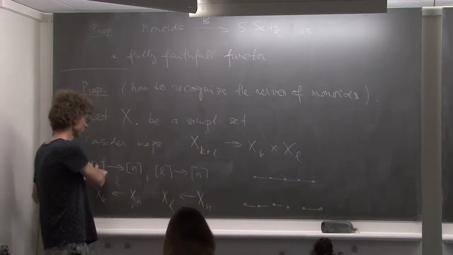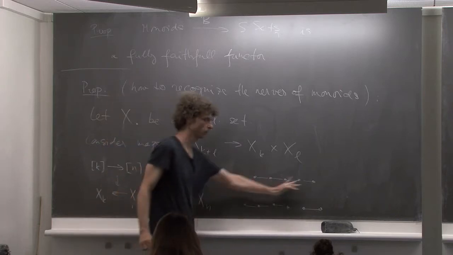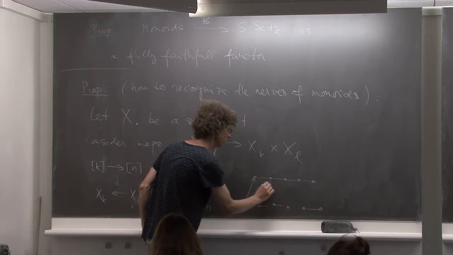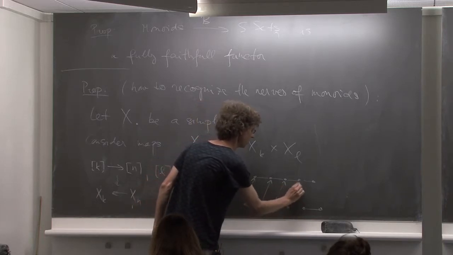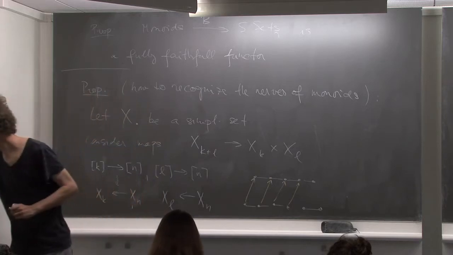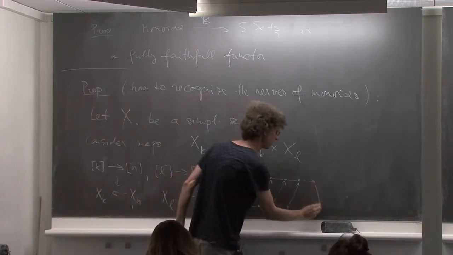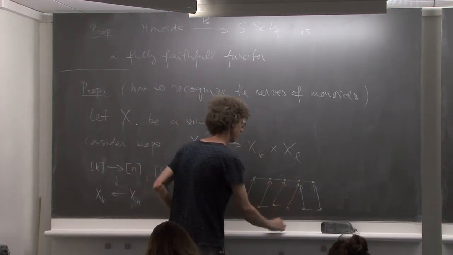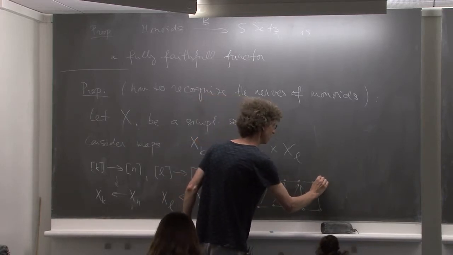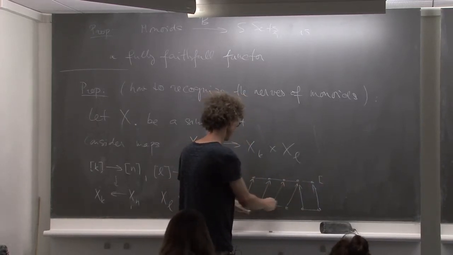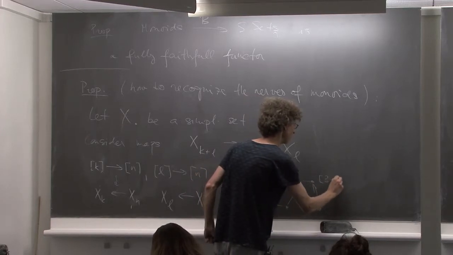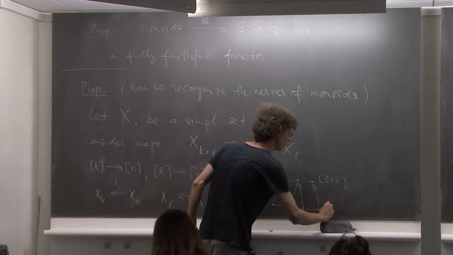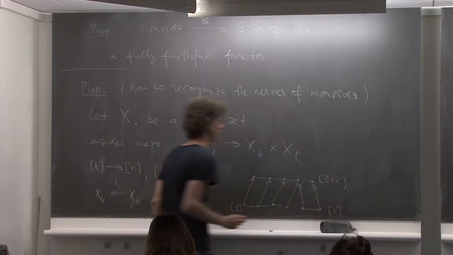So this one is putting those bullets at the beginning, and that one is putting them at the end. This first map is this thing, and the second map is that thing. So this is 1, 2, 3 plus 2; this is 3, and this is 2.